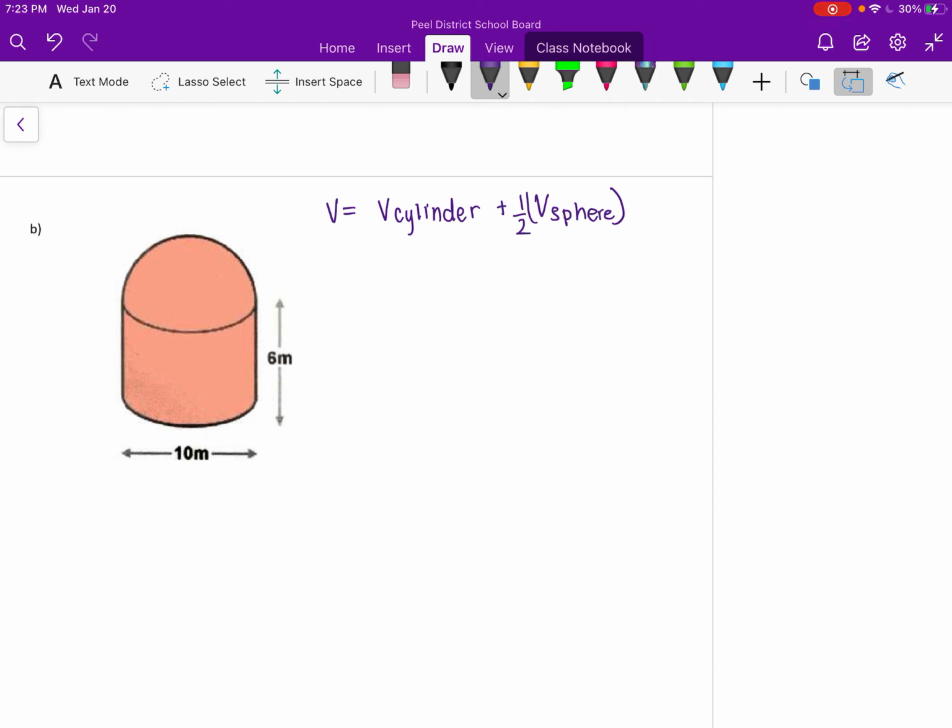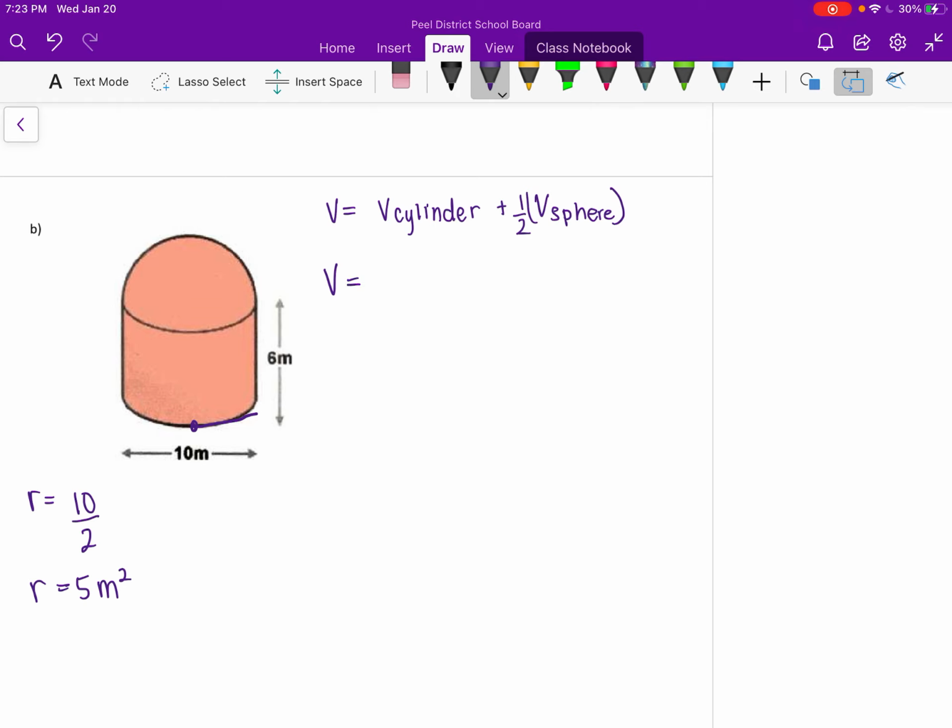So let's go find our volumes. Before we ever find volume of something circular, we want to find the radius. I know the diameter is 10, so radius is going to equal 10 divided by 2, which gives me 5 meters. That's my radius. And 6 is my height.